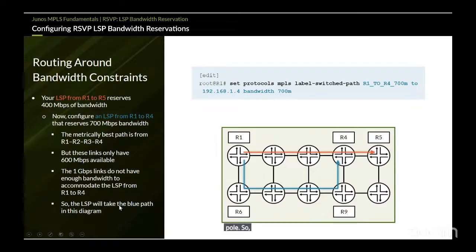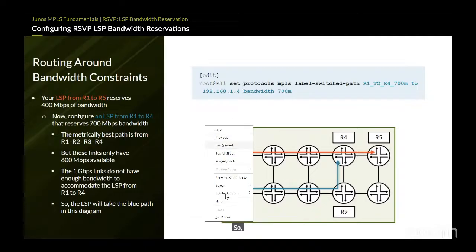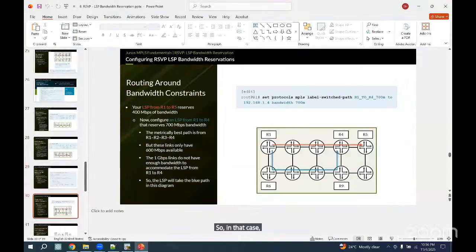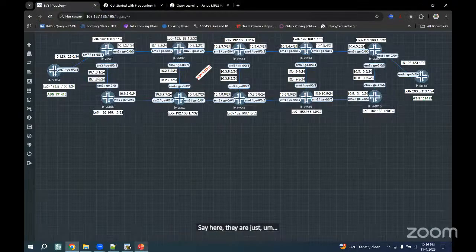So the LSP will take the blue path in this diagram. Here, I'm making a 400 Mbps reservation, and they are taking this path.